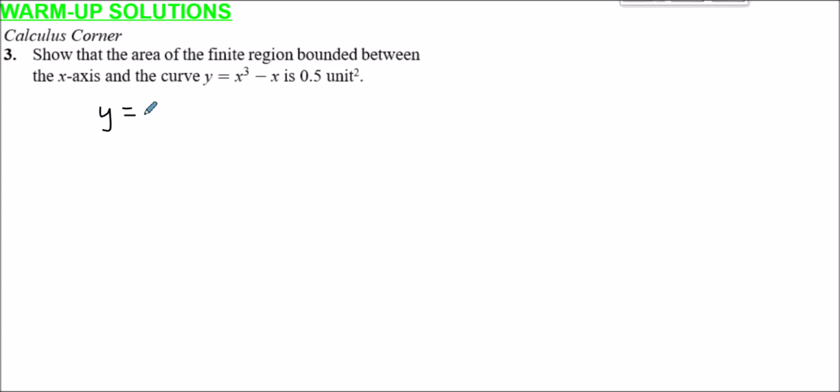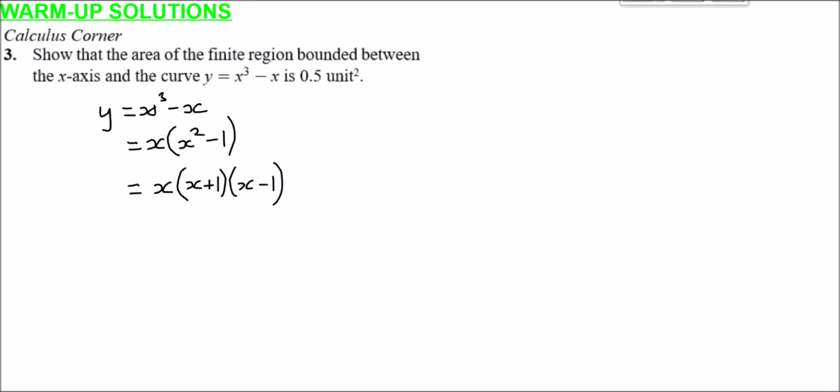So y equals x cubed minus x. We can factorize out an x, which gives us x squared minus 1, and that will factorize again, because x squared minus 1 is a difference of two squares. So then we'd have x plus 1, x minus 1.